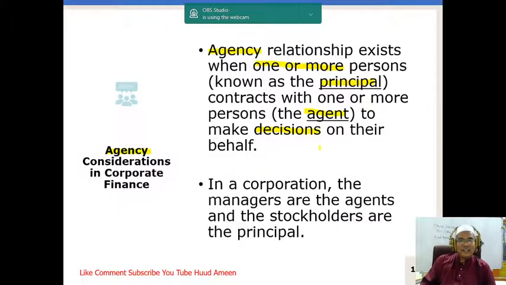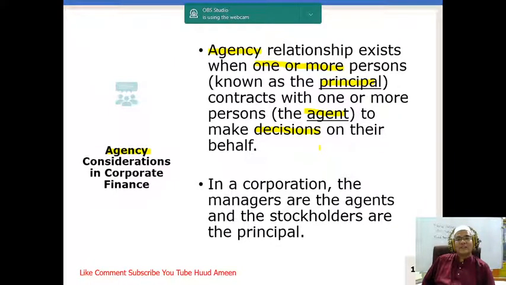The agent actually makes decisions on behalf of the principal, on your own behalf. The agent represents the principal.